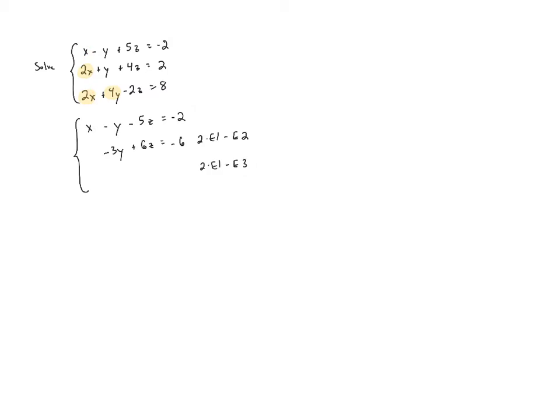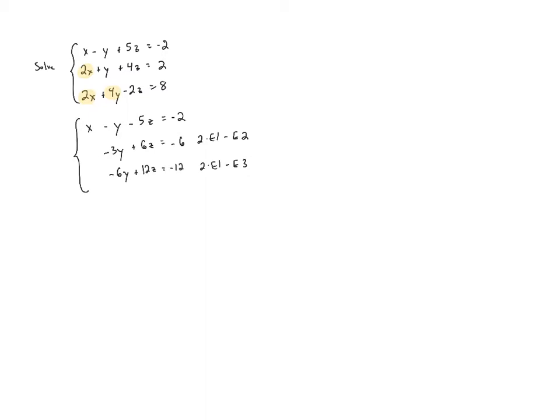With the y's, we've got negative y times 2 is negative 2y minus 4y gives us negative 6y. Then 2 times 5z is 10z minus negative 2z is the same as 10z plus 2z, which is 12z. And then 2 times negative 2 is negative 4, and minus 8 gives us negative 12.